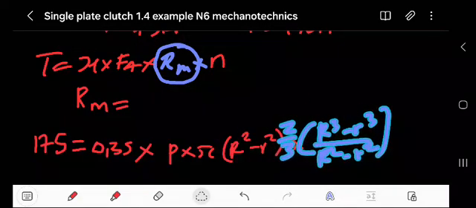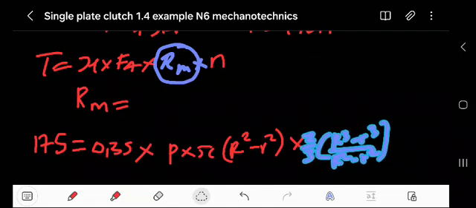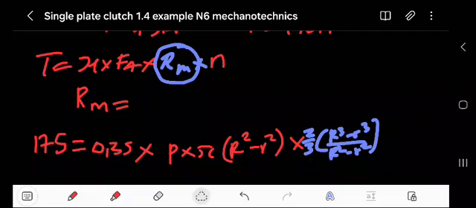So multiply by this, right, then multiply by the number of plates, which will be 2, because it's a single plate, right, single plate will be 2.